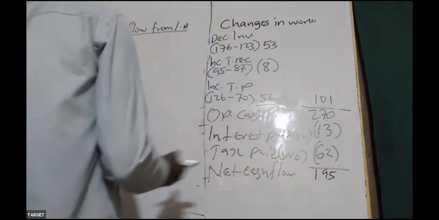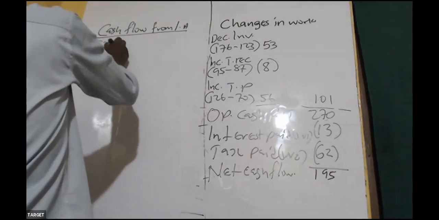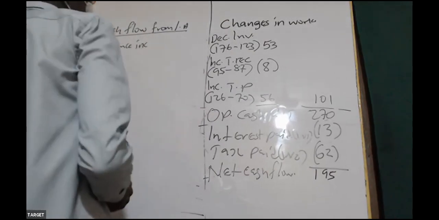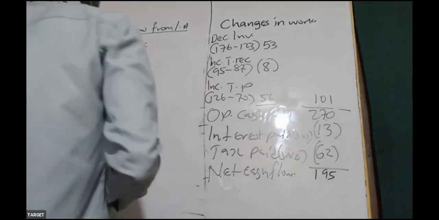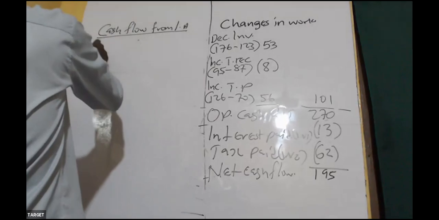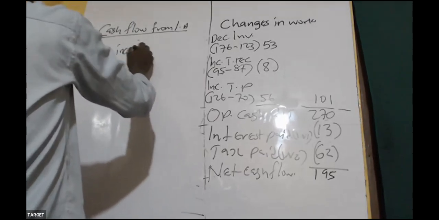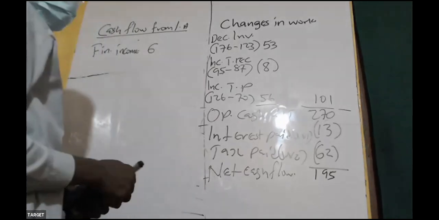Yes, the finance income that will reverse, it must be here. Finance income. Now here we must record it in the first currency. So let me do it in a way that I can get space. Finance income, first currency. The answer was 6. So it must be positive.